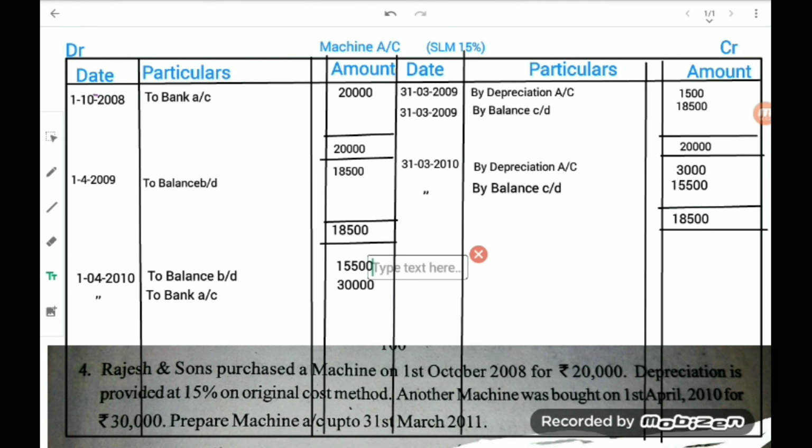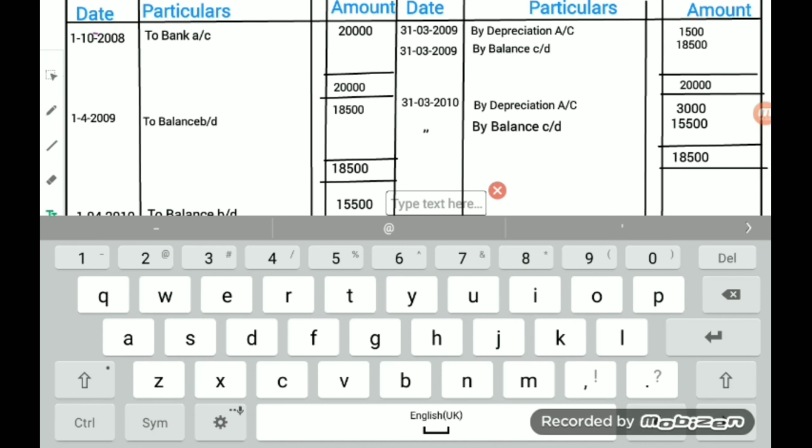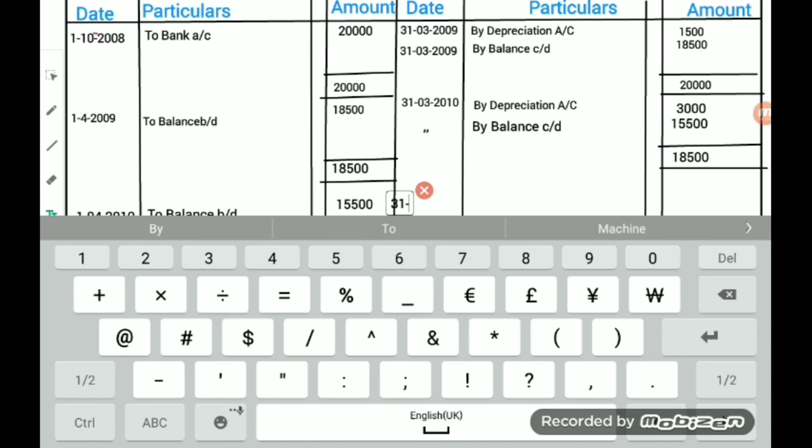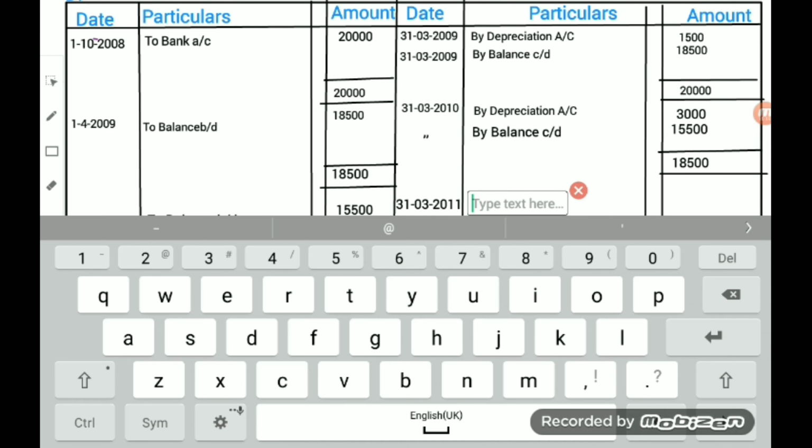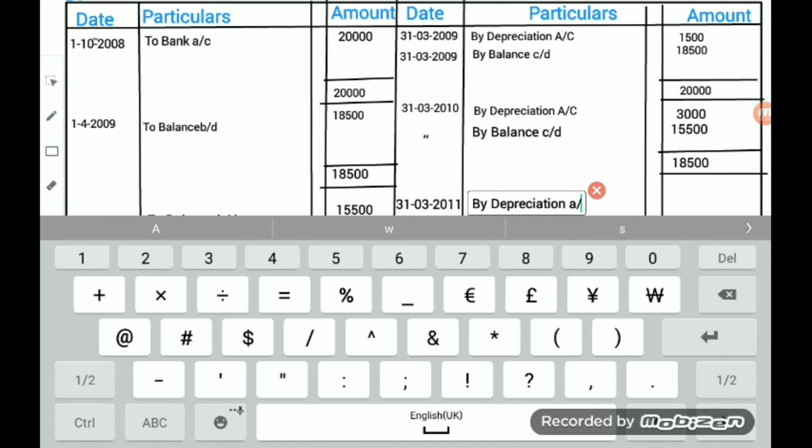Now the depreciation at the end of the year, on 31st March 2011, by depreciation account.